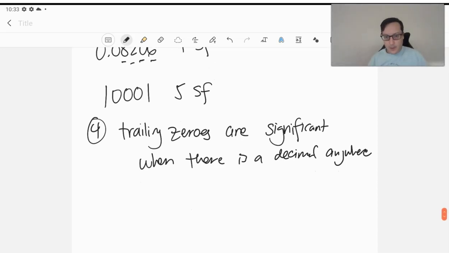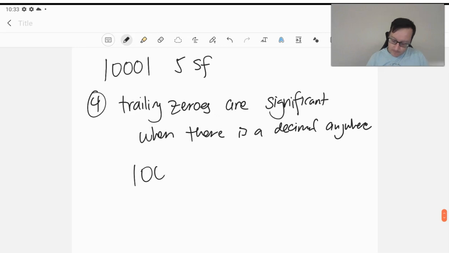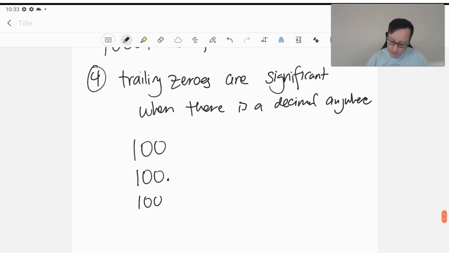So 100, 100 with a decimal, 100.0. These all have different significance. Because zeros have the options of being placeholders or actually being part of a measurement, we can measure 100 with accuracy. We could also guess 100. There are 100 pistachios in my jar. Guess.